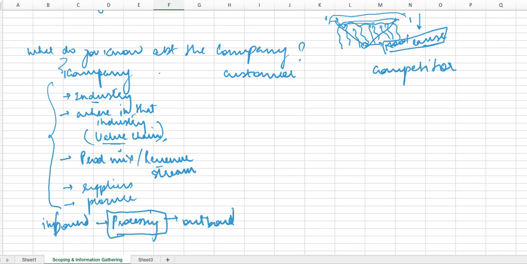Maybe the client will be only in the dealership area, that is, the distribution part, and not the raw material procurement or manufacturing or anything related to it. So it totally depends on where your company exists in the value chain. You can ask a myriad of questions, so just ask the questions which you feel are going to be relevant for the case.